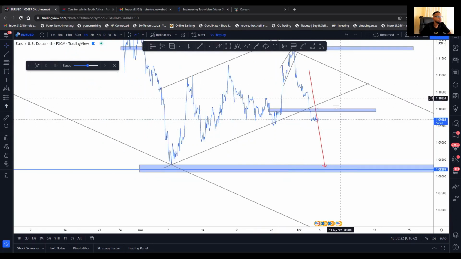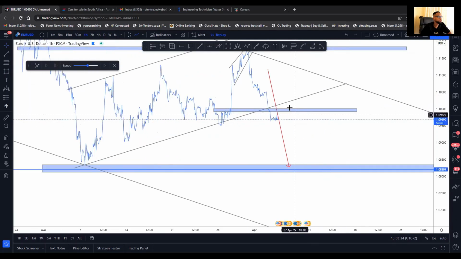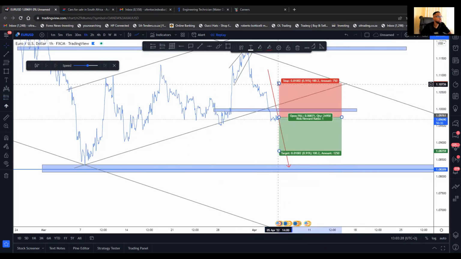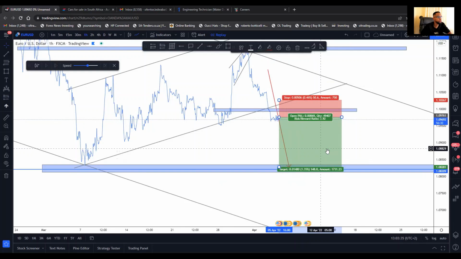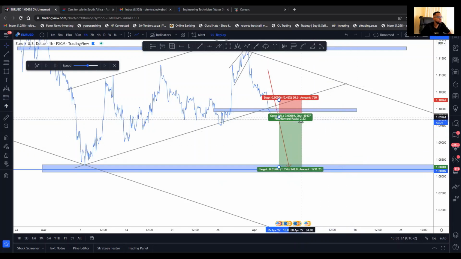If this is below, as long as we are still below, like this. Learn to give your trades a little bit of room so that the market can pay out.